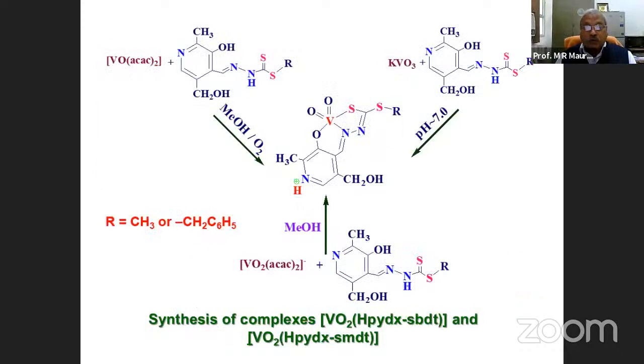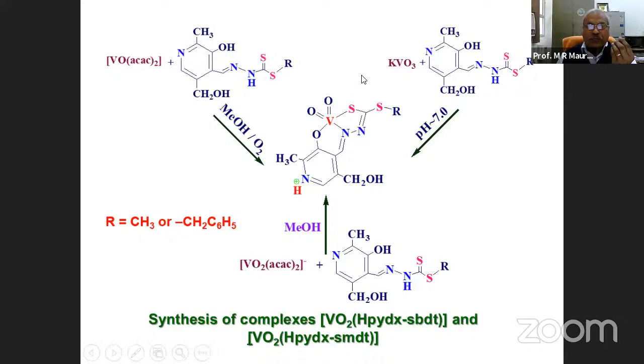Okay. Now, what we have done here, we have taken the pyridoxal moiety and changed it to S-methyl dithiocarbonate and S-benzyl dithiocarbonate. We are now changing oxygen to sulfur, and when we carried out this reaction with the precursor and oxidized by aerial oxidation, we observed a neutral dioxo species.